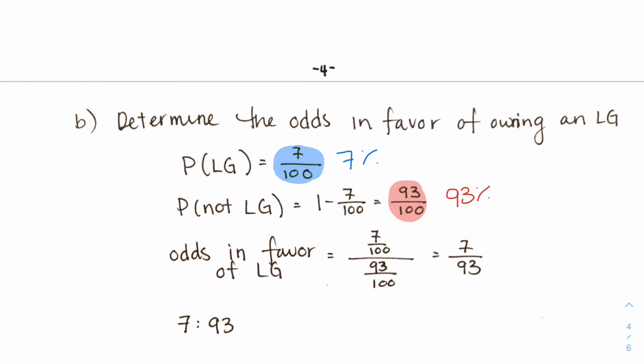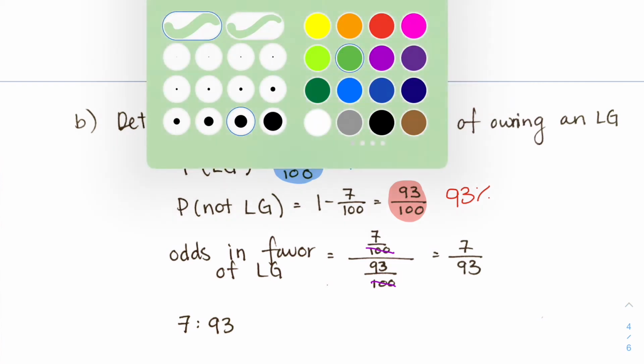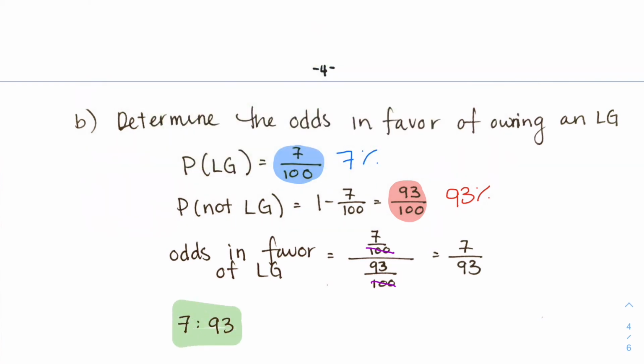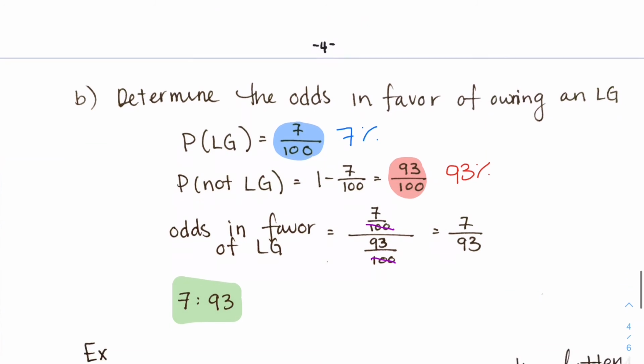So the odds in favor, we look at the ratio. When you divide by the 100, those are going to cancel. So the odds in favor of owning an LG are 7 to 93. Okay. So these are odds in favor of owning an LG.